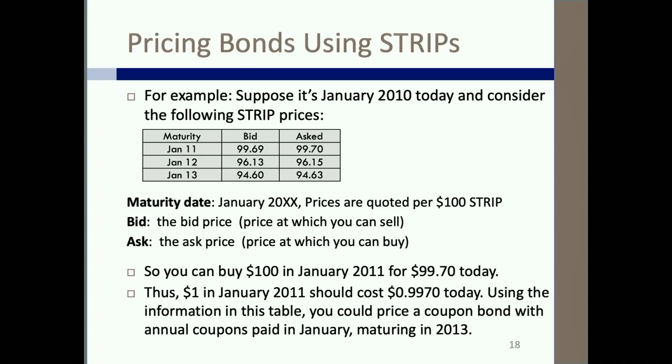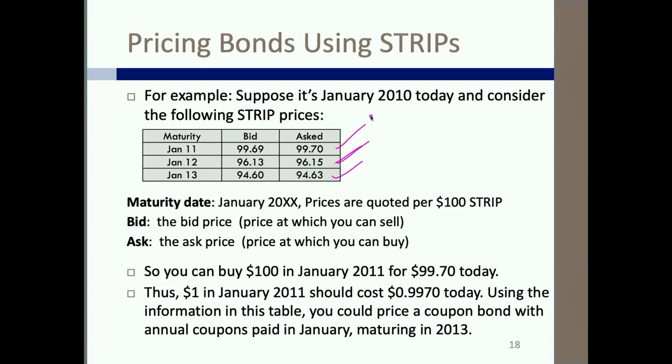For every dollar which matures in January 2012, it would cost 0.9615 today. For every dollar at maturity in January 2013, it would cost 0.9463 today. And so you can see, you can use those conversions.